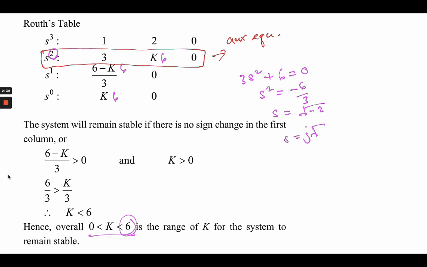So s is equal to plus or minus j1.41. Okay, so our frequency of oscillation where the system is marginally stable is 1.41 radian per second.